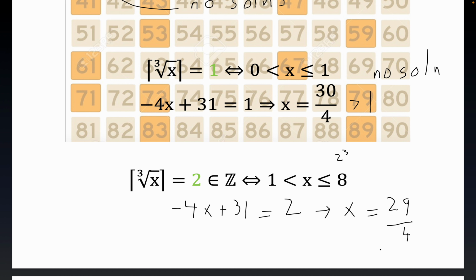Now, I'll go ahead and circle it, but you may be wondering, well, why don't we go check out 3? We could do the very same thing. We could set the ceiling of the cube root function equal to 3.